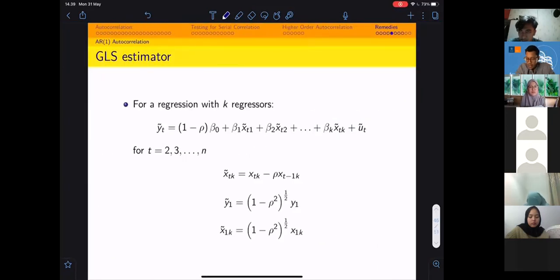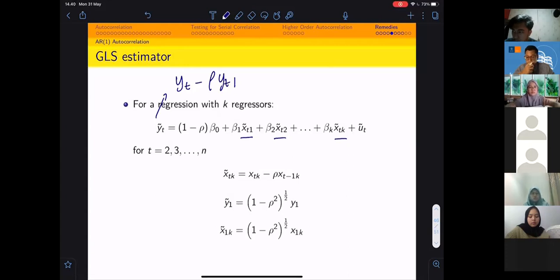So this is the GLS estimator. Basically for periods 2, 3 until n, we want to regress ỹ_t. Recall that ỹ_t is y_t − ρ y_{t-1}, and then you have x̃_1, x̃_2 until x̃_k. So that's the transformation that you need to use.